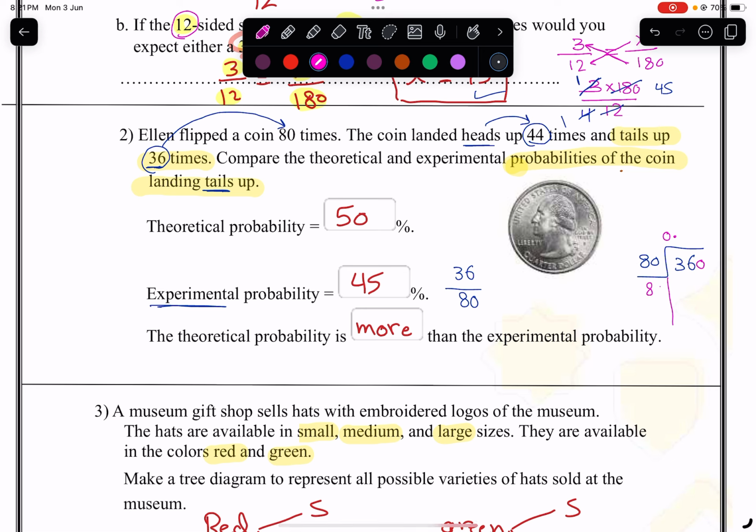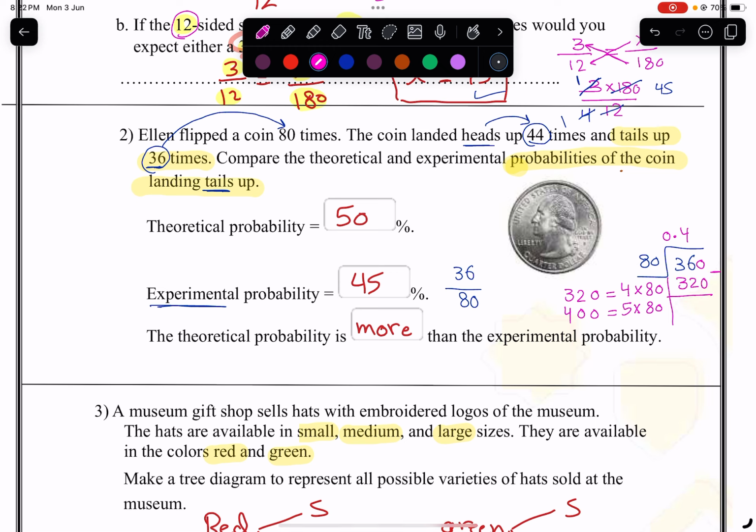So 80 times 4, let us check. 4 times 0 is 0, 4 times 8 is 32. 80 times 5: 5 times 0 is 0, 5 times 8 is 40. So what is the nearest number to 360? It is 320.